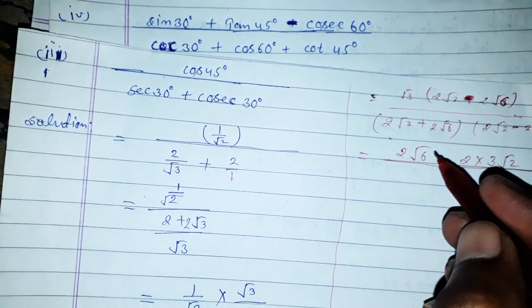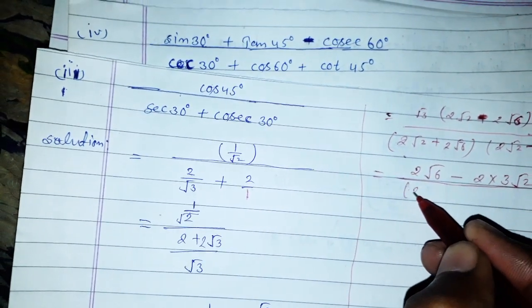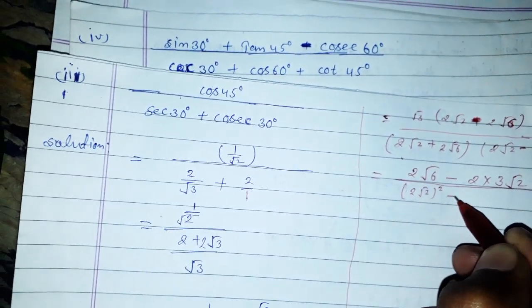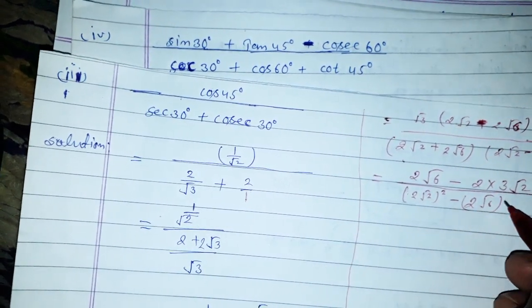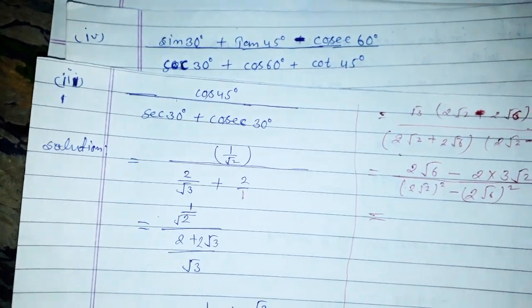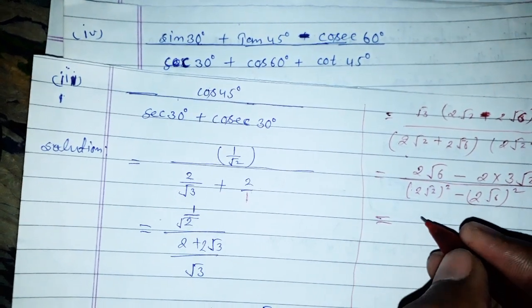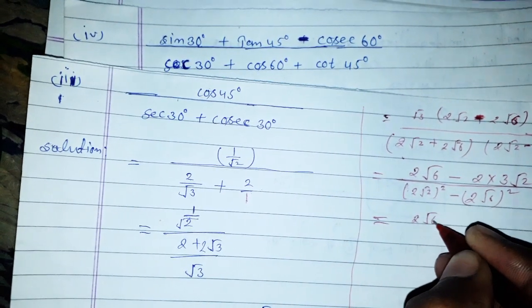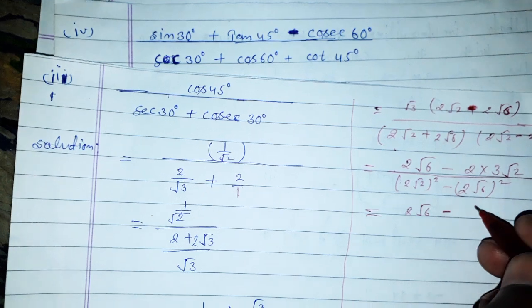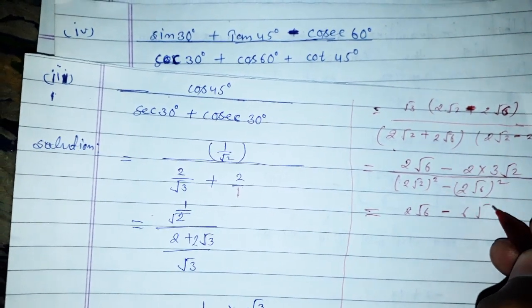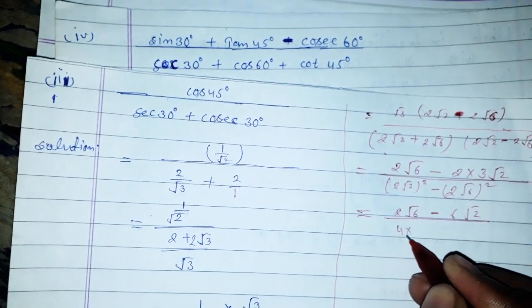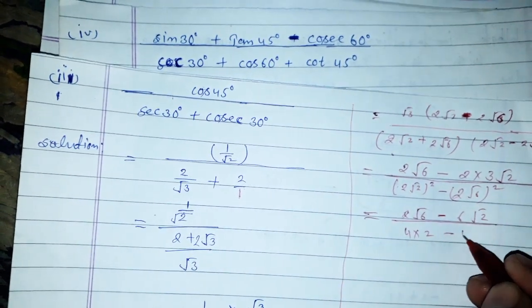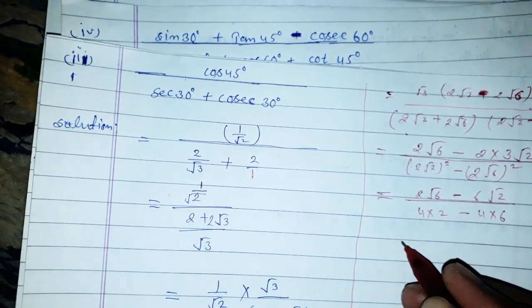So square of this value, 2 root 2 square, minus square of this value, 2 root 6 square. This is 2 root 6 minus 6 root 2 upon 4 into 2 minus 4 into 6.